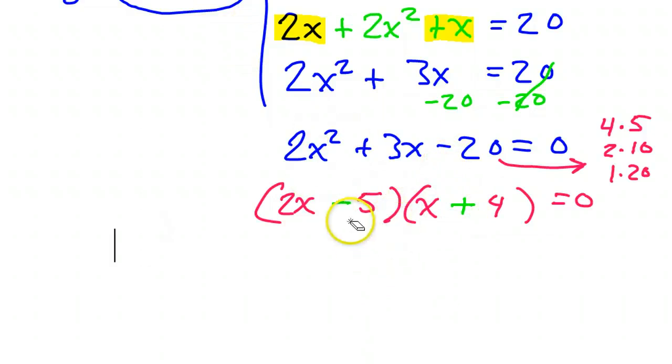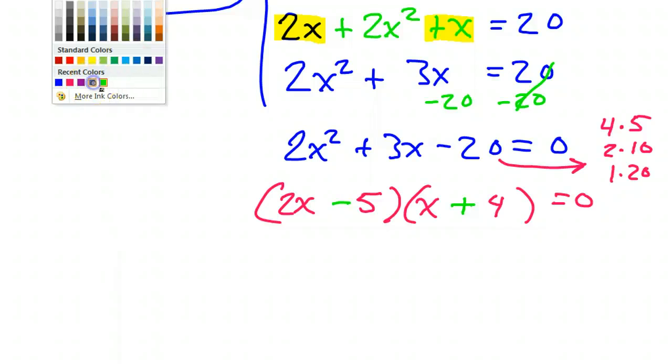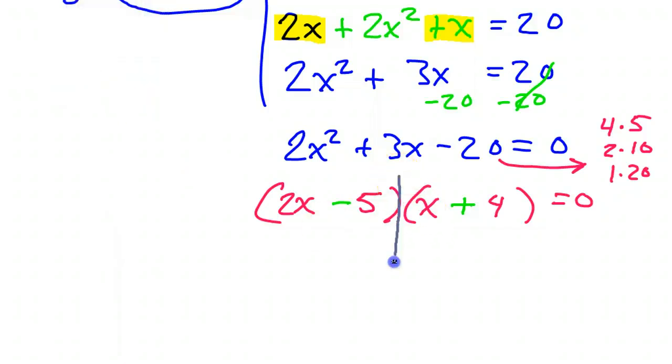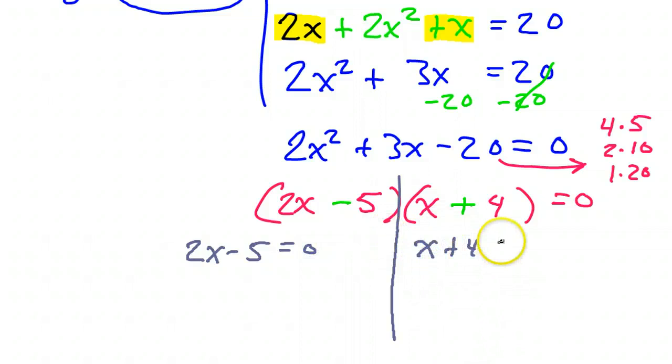But now we have to take these factors and set them equal to 0. So we are doing 2x minus 5 equals 0, and x plus 4 equals 0. Adding 5 to both sides gives us 2x equals 5.